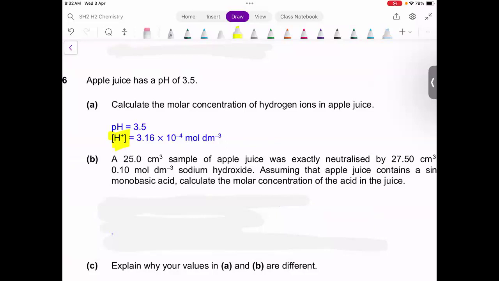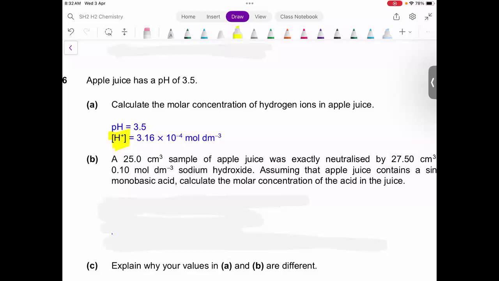It comes from the spontaneous dissociation of the acid. There's no disturbance introduced. So this is the free H plus concentration coming from the spontaneous dissociation of your acid without any external disturbance.